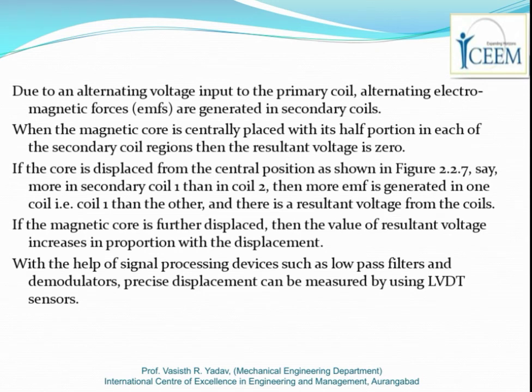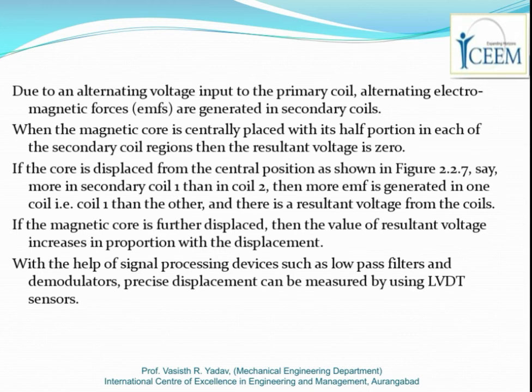I have put all this in the slide. If the magnetic core is further displaced, then the value of the resultant voltage increases in proportion with the displacement. With the help of signal processing devices such as low pass filters and demodulators, precise displacement can be measured using LVDT sensors.